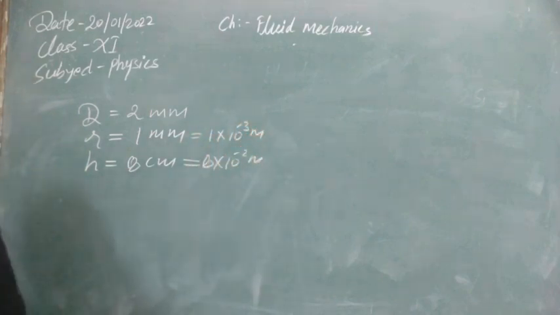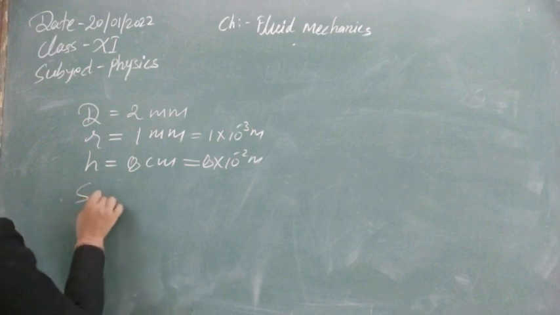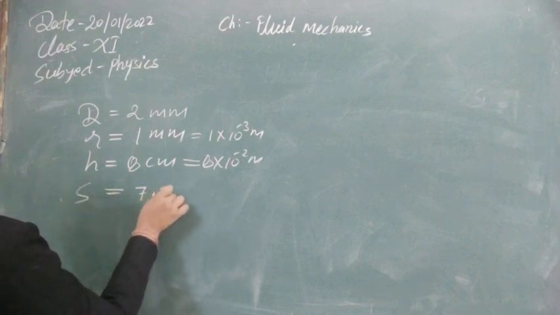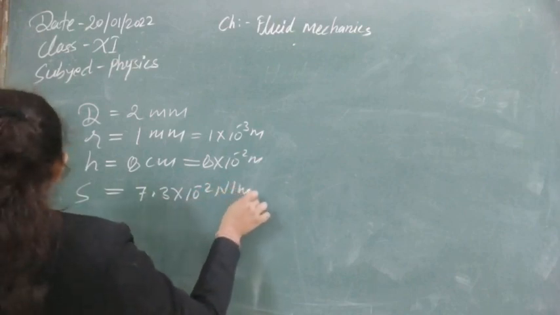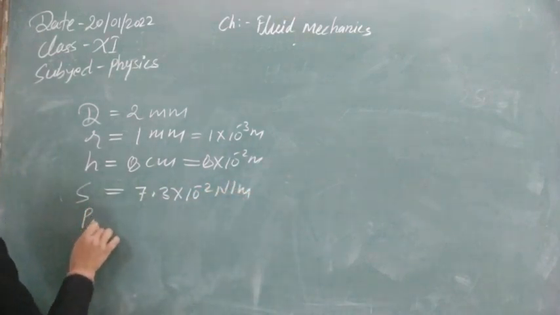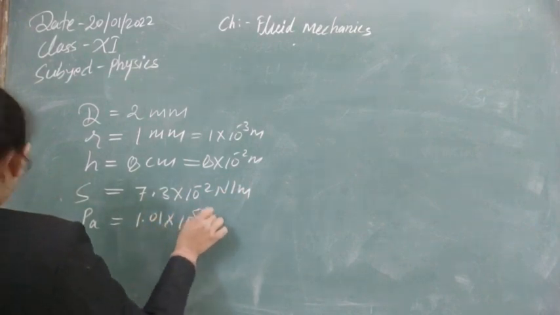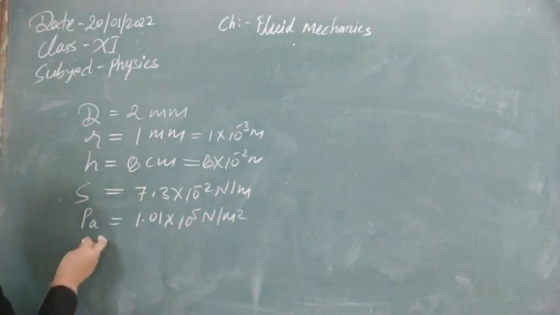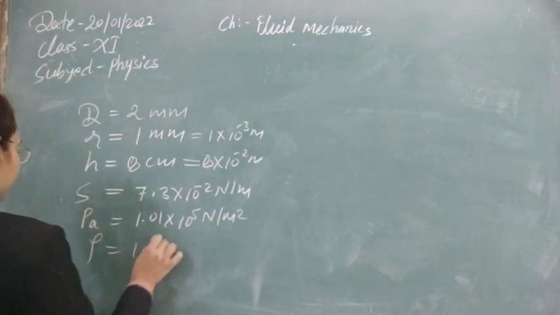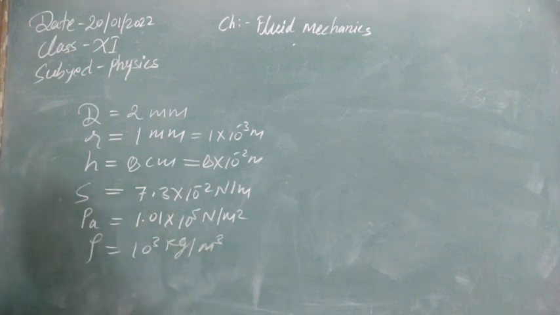Now the third term given is the surface tension of water, S equal to 7.3 into 10 to the power minus 2 Newton per meter. Now 1 atmospheric pressure, P A, is given as 1.01 into 10 to the power 5 Newton per meter square. The next thing given is the density of water, that is obviously 10 to the power 3 kg per meter cube, and g is given.